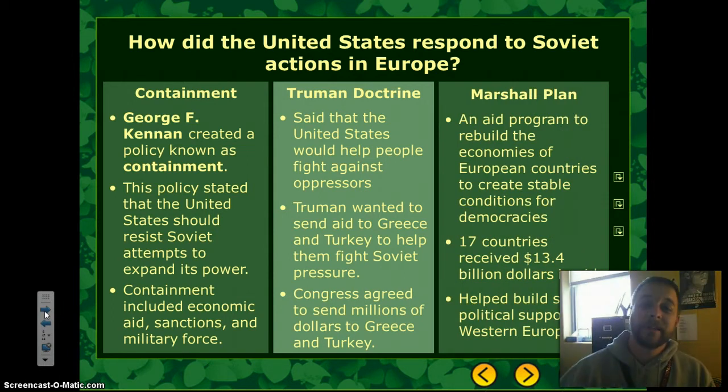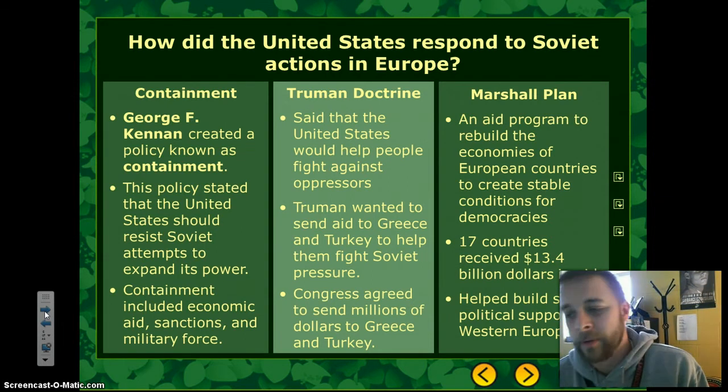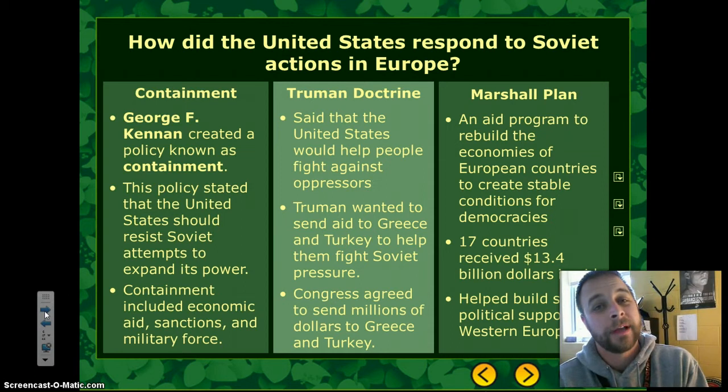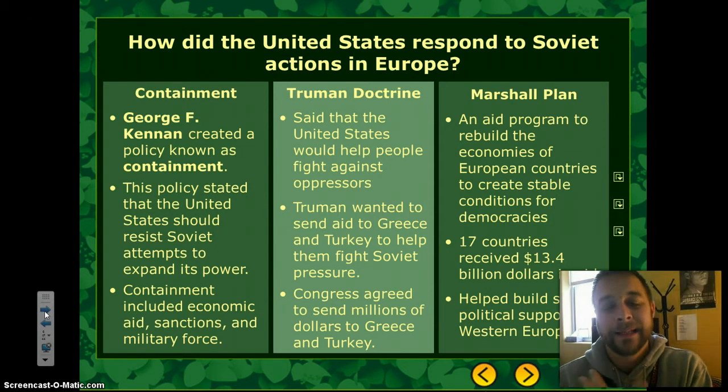An extension of this is the Marshall Plan. And the Marshall Plan was a larger plan to help rebuild the countries of Western Europe, to create stable conditions. Because the idea is if a country is stable, it's more likely to be democratic. It's when economies suffer that communism and socialism gain popularity in this time.